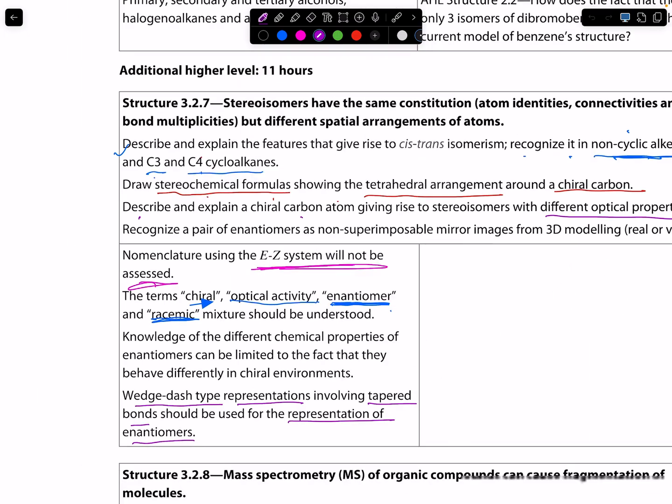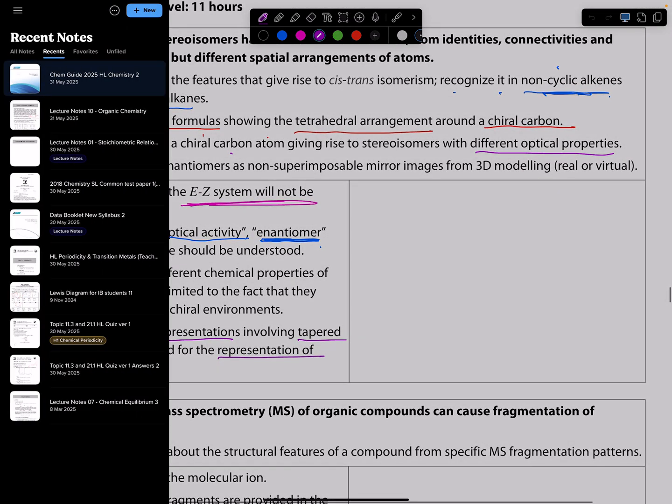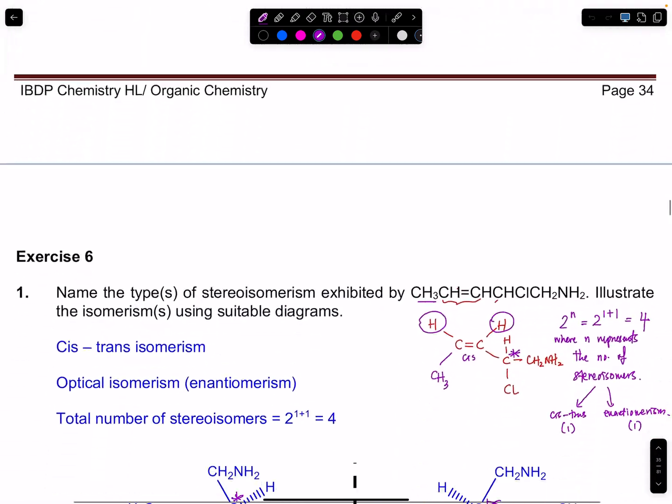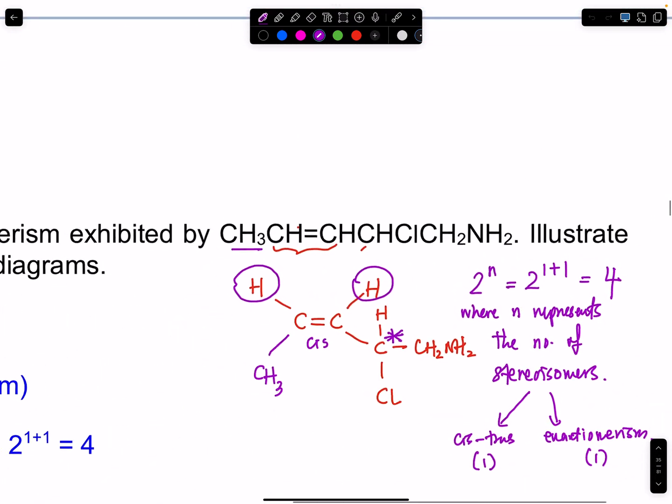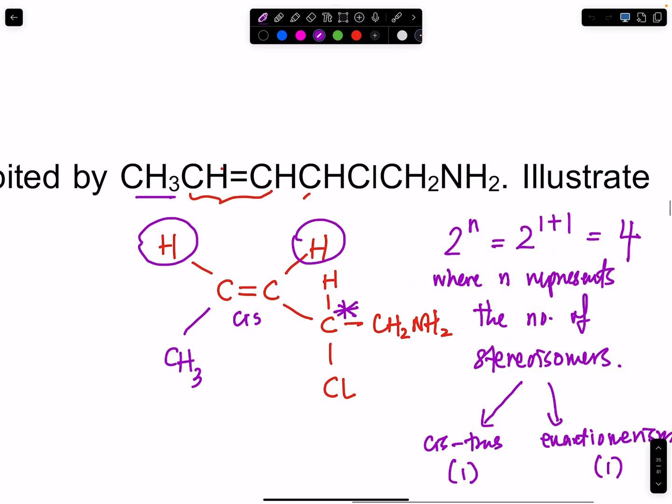Clear? Alright, the last part of today's lesson will be exercise number 6. I drew out the molecule. I converted the condensed formula. You might want to copy this first.